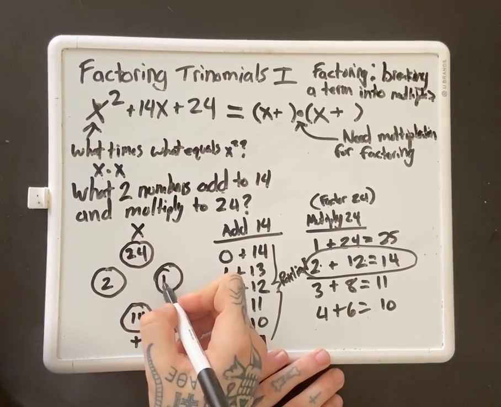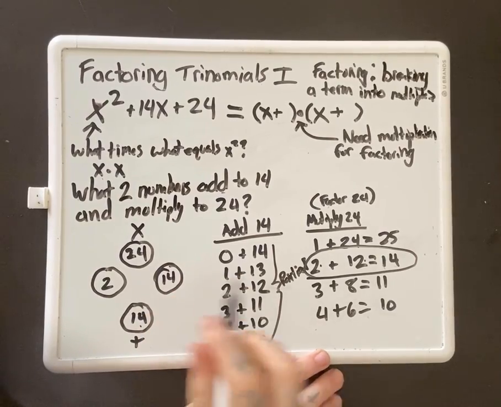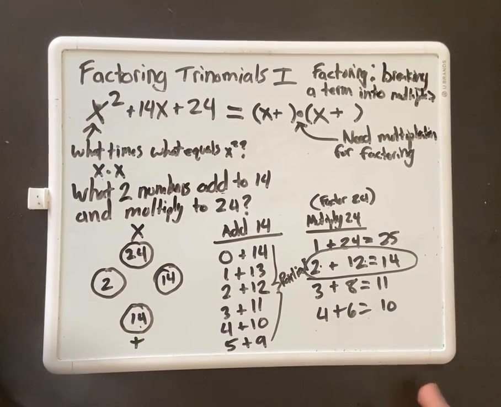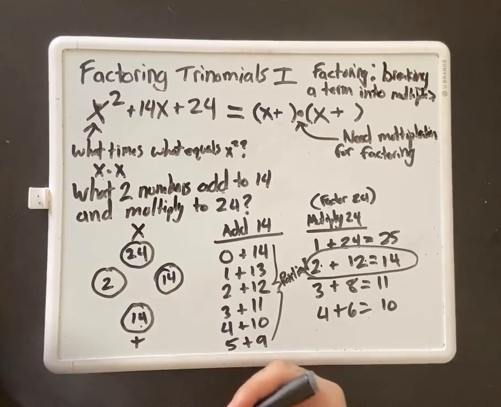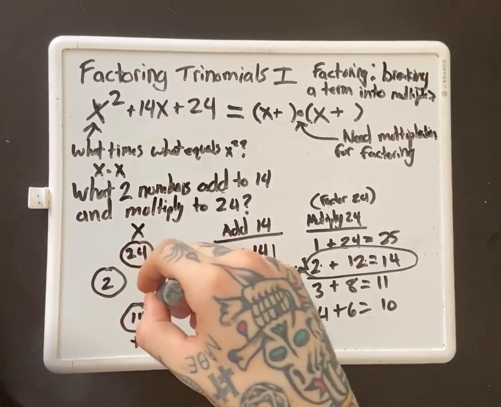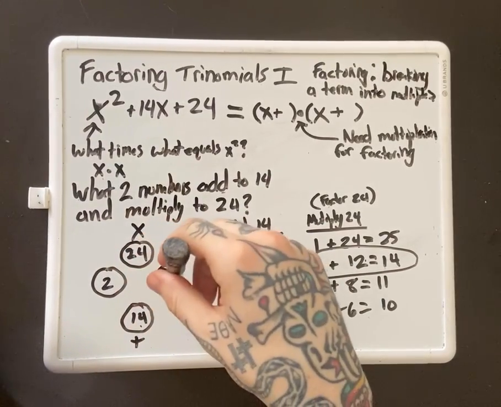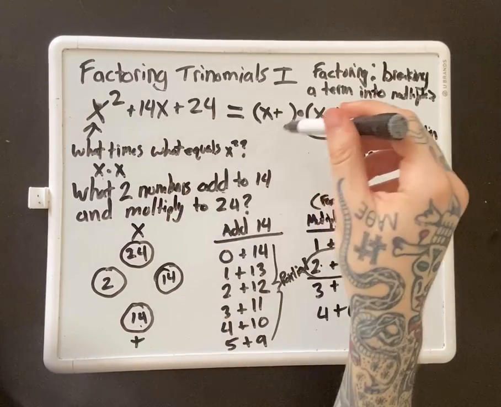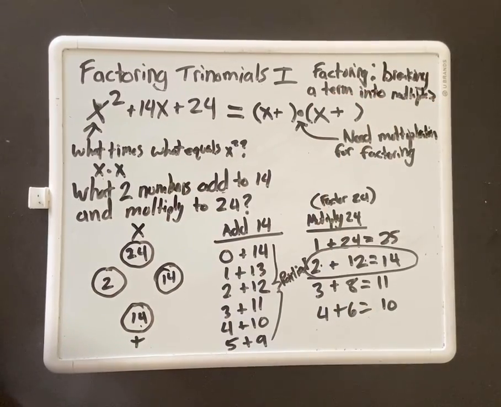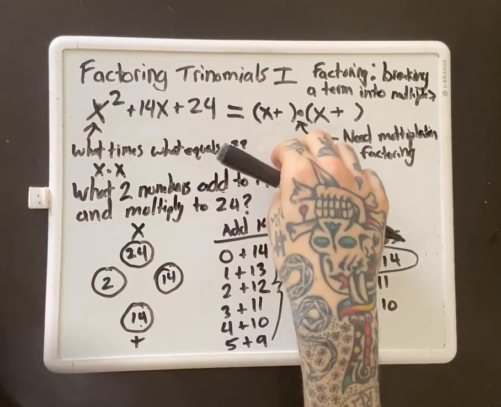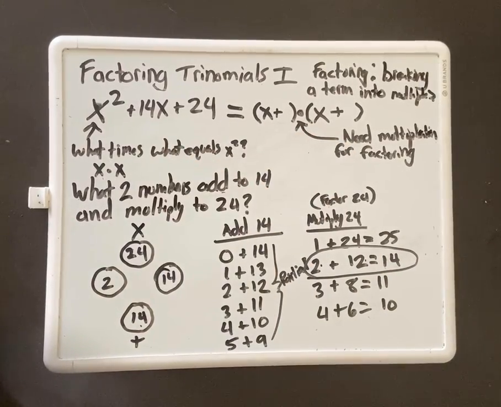2 and 14. So what does that mean? Let's bring it all back to what we were originally doing. We were doing this number puzzle in order to find the missing numbers for these binomials to help us finish factoring this trinomial.